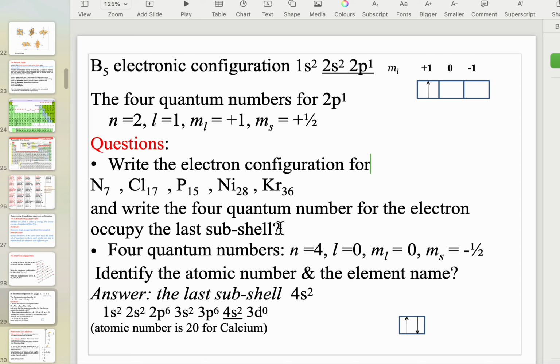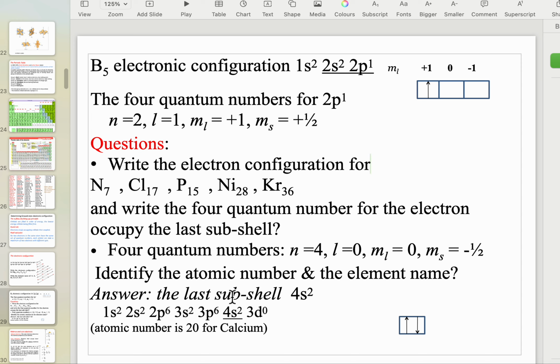Be careful how you write the last electron, because the 4 quantum numbers belong to the last electron in the final higher energy level shell. If you've been given 4 quantum numbers, n is 4, l is 0, ml is 0, ms is minus half, identify the atomic number and element name.